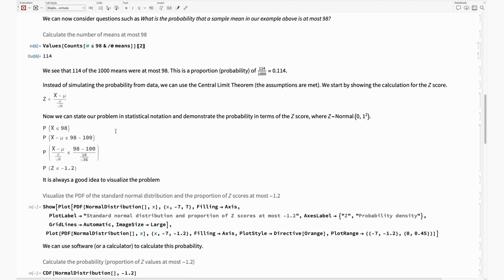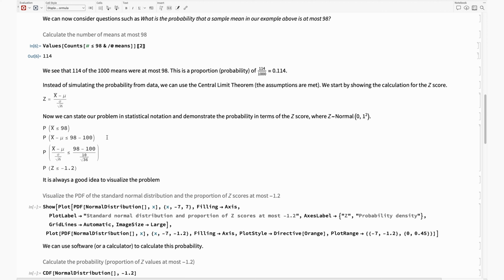The question is, what's the probability that a randomly selected mean, so in other words I select 36 random people and calculate a mean, is at most 98? So x bar less than or equal to 98.